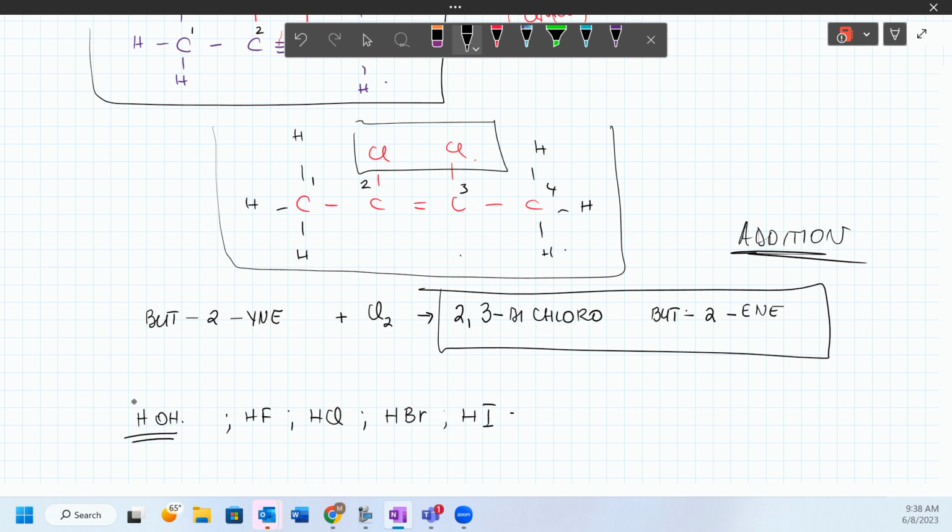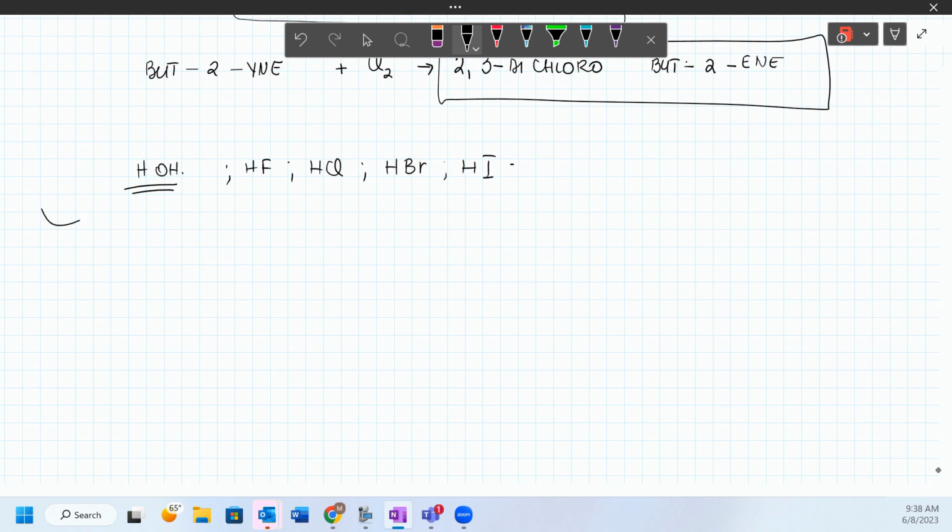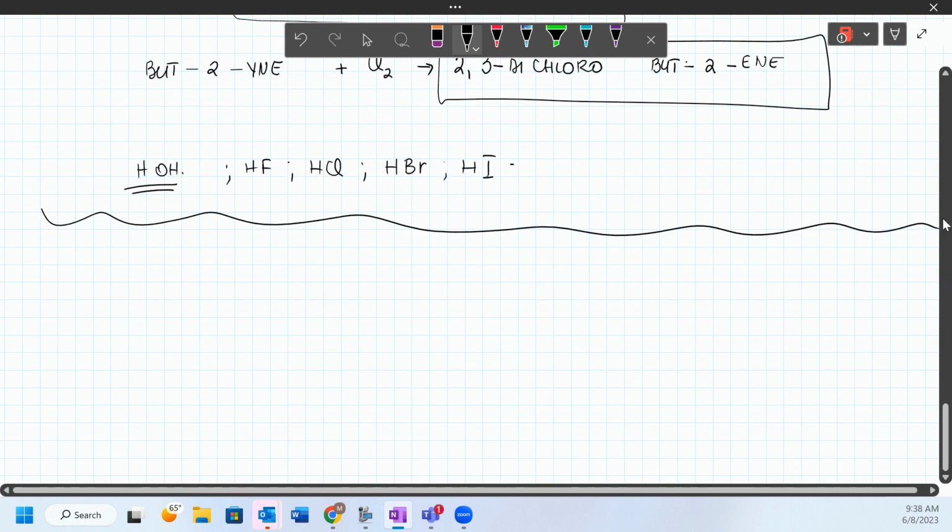This is the case when the reagent is limited. However, when it is in excess, then not only two bonding capacities are formed for carbon, but 4 bonding capacities are available.